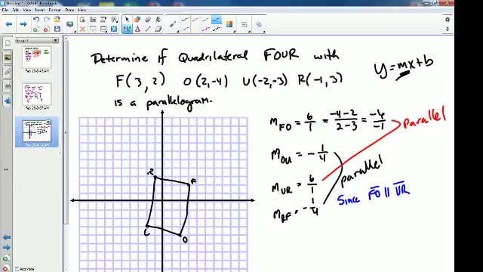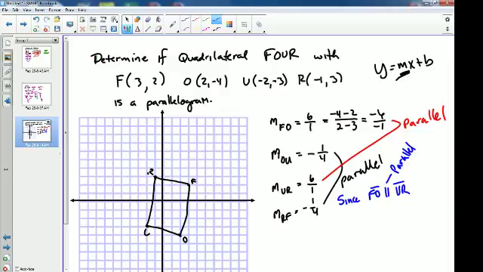Anybody want to translate? FO is parallel to UR. You can write that out in English if you want. It's just shorthand this way, it saves you time.